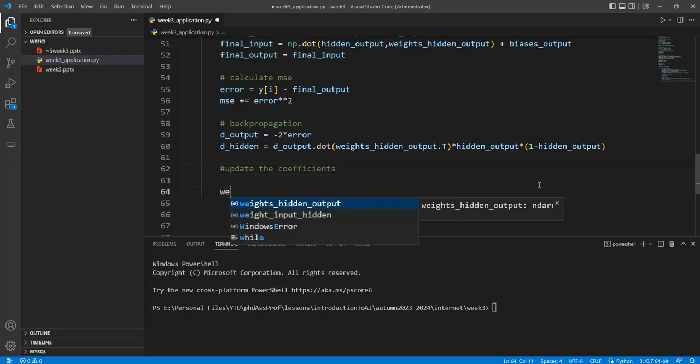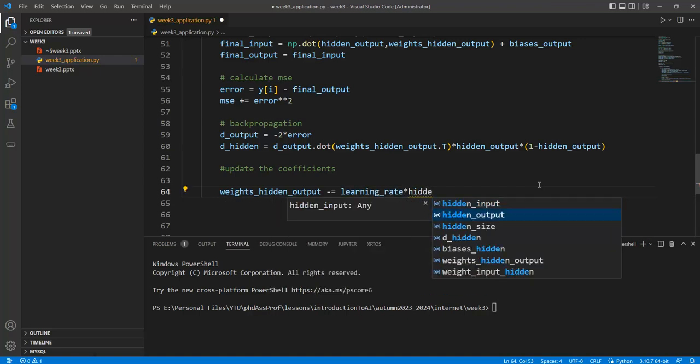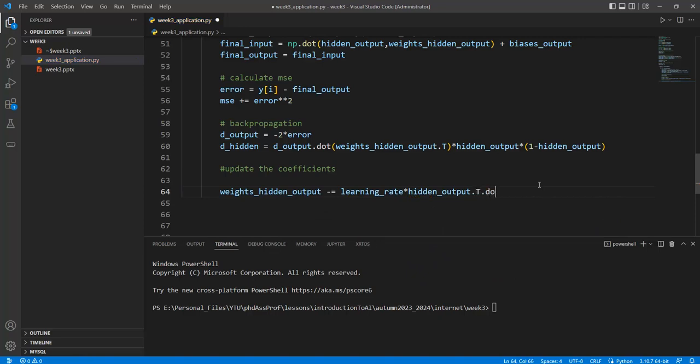The weights hidden output is minus equal to the learning rate times hidden output transpose dot d output, because the hidden output should be given here like this.